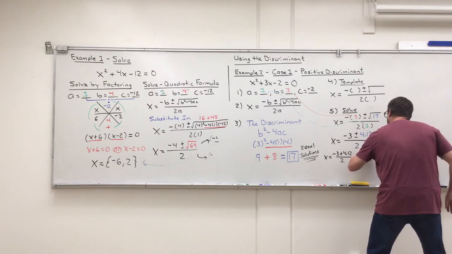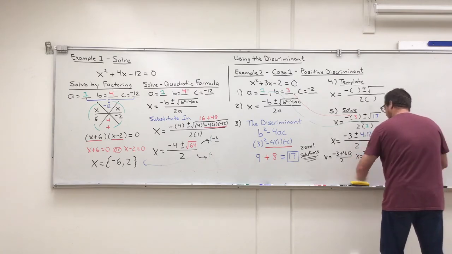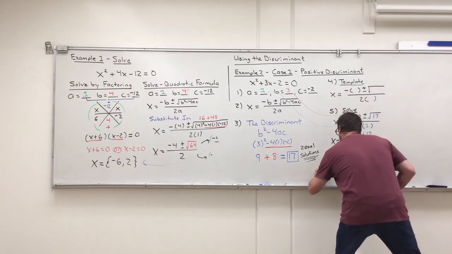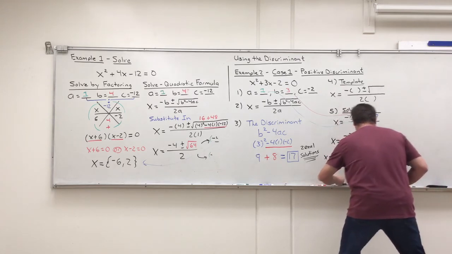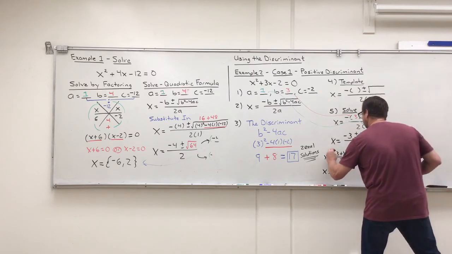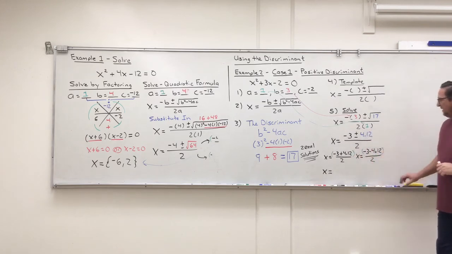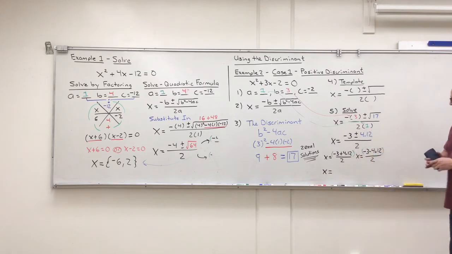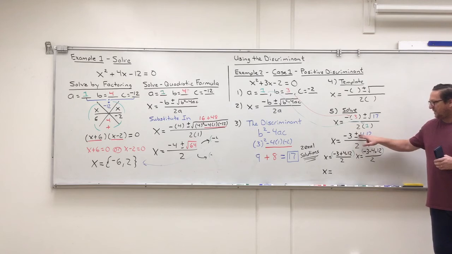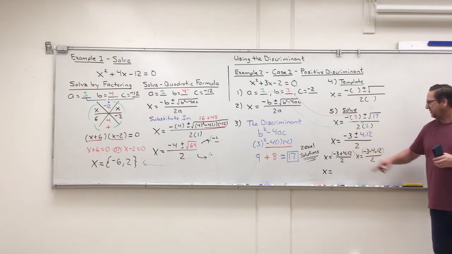And x equals negative 3 minus 4.12 over 2. So 1 with the plus, 1 with the minus. X equals negative 3 plus 4.12.